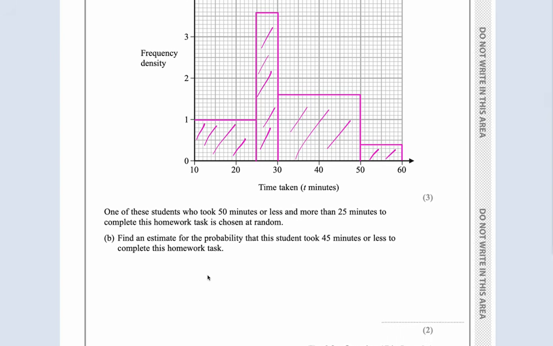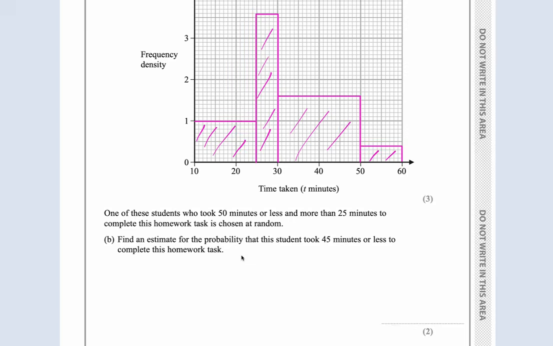Then he says one of these students who took 50 minutes or less and more than 25 minutes to complete his homework is chosen at random. Find an estimate for the probability that this student took 45 minutes or less to complete the homework. Okay, so that's slightly tricky, guys. First, we need to do students from 25 to 50.